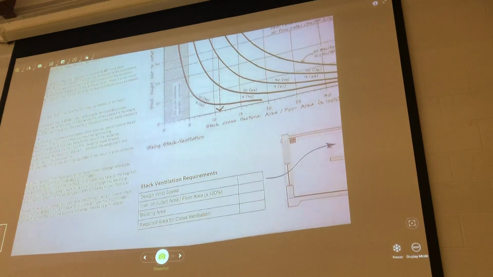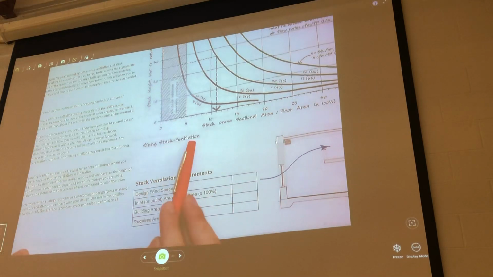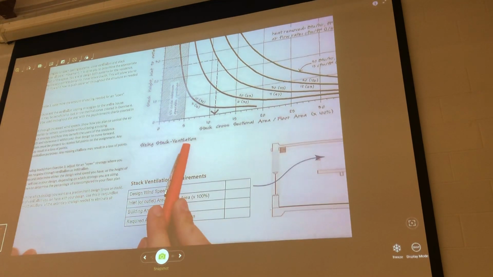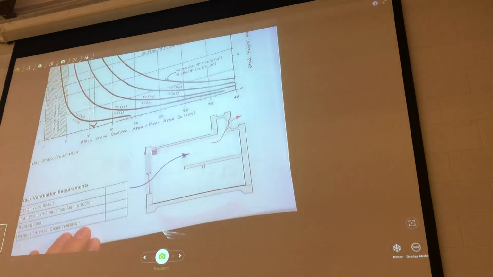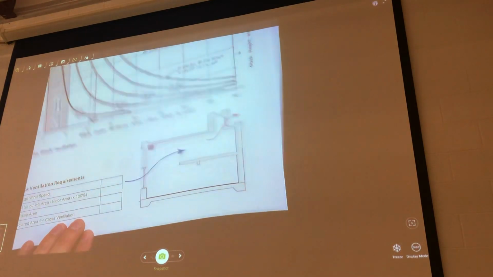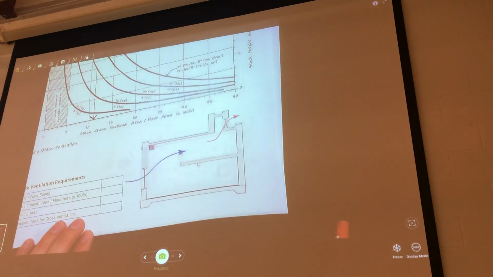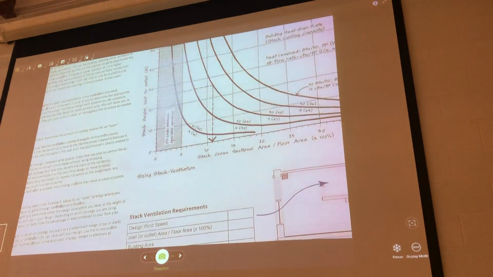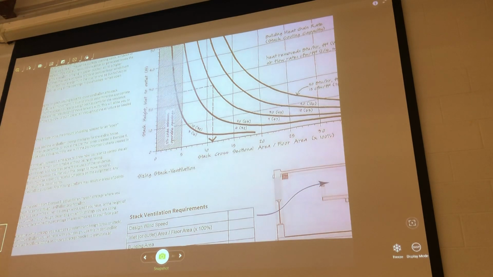For our first strategy we're going to be looking at is stack ventilation. And if you needed a little bit of a diagram of how it works, here's a little bit of a diagram of how it works, just as a quick reminder. Now, with stack ventilation, what you need to figure out is how much heat gain you have and how tall do you want to make your overall chimney.